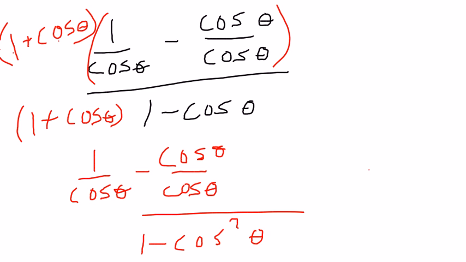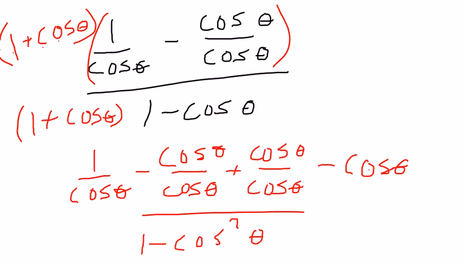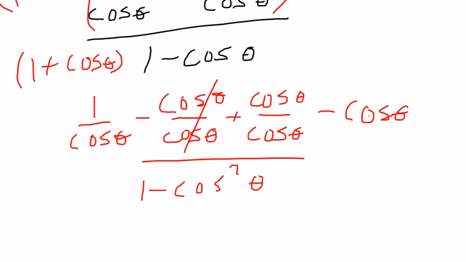Cosine times 1 over cosine would be plus cosine over cosine. And then cosine times negative, let's just go ahead and make that 1. Minus cosine. So these cancel.